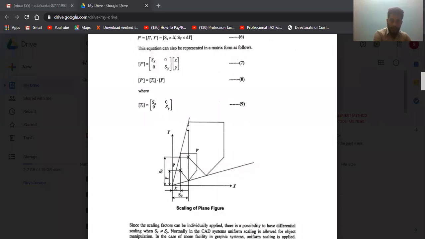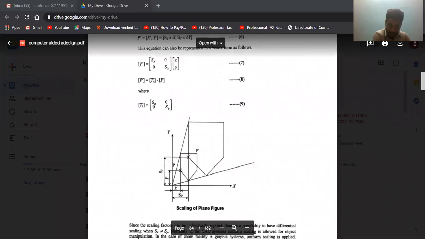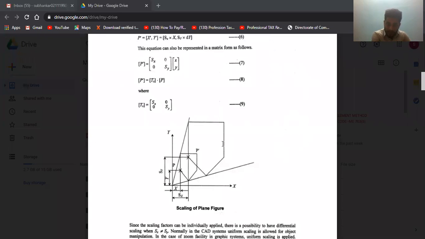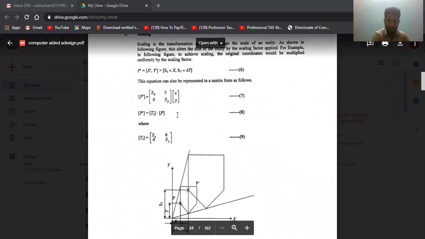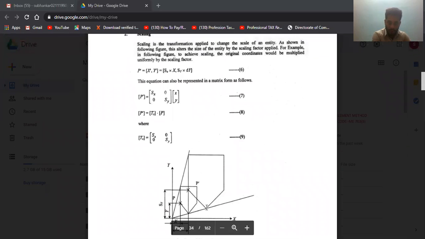Say I am enlarging a knife by 3 units along the x-axis, that 3 is Sx, and by 7 units along the y-axis, that 7 is Sy. You will place these in the transformation matrix, solve, and get the new coordinate point p dash, that is x dash and y dash. Similarly, you can find the other coordinate points. Yes or no?